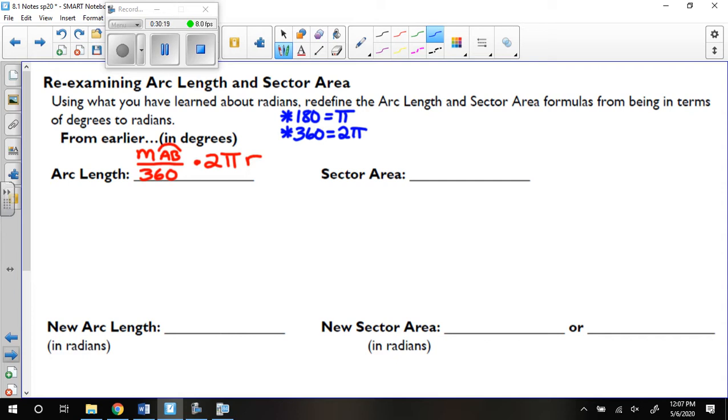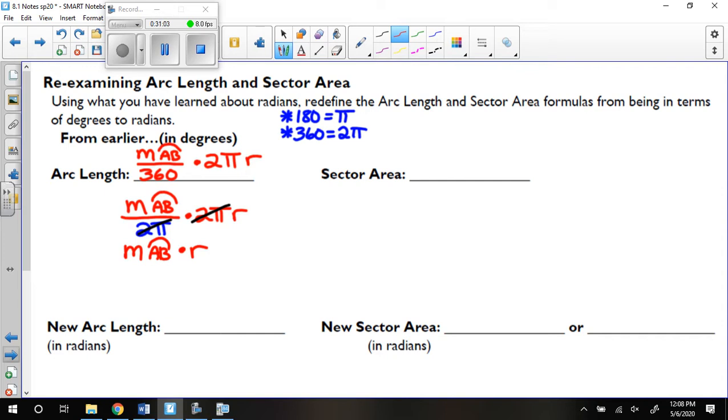So if I replace 360 degrees in this formula with 2 pi, I've got measure of arc AB now over 2 pi multiplied with 2 pi r. Well, we've got a 2 pi that we're dividing and a 2 pi that we're multiplying, so they can cancel. So right now my formula says the measure of arc AB multiplied with r.